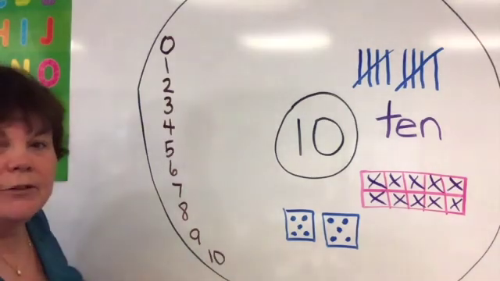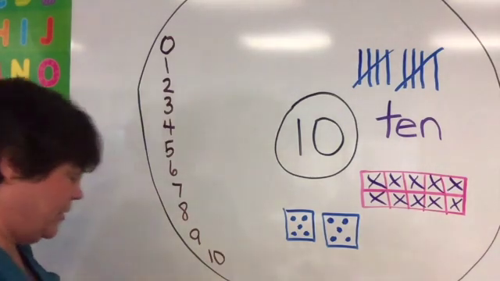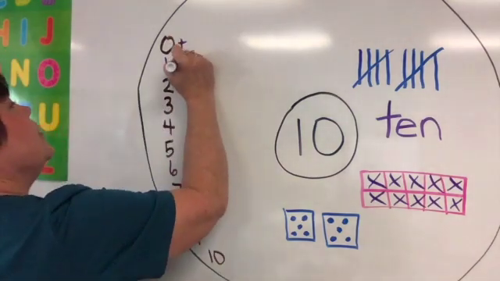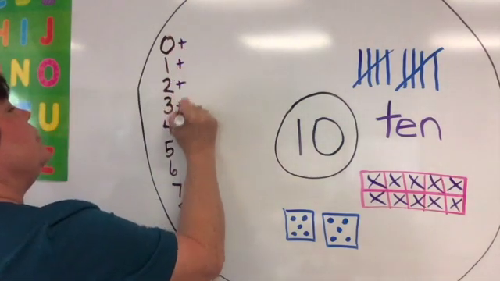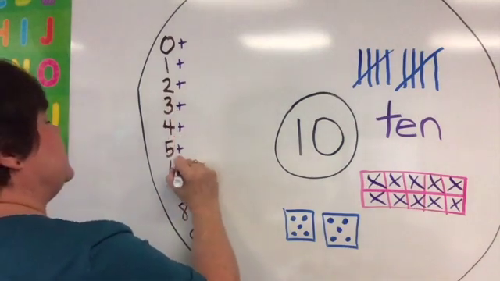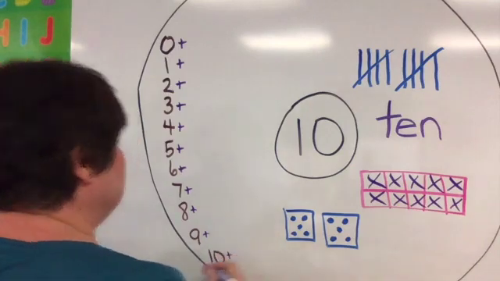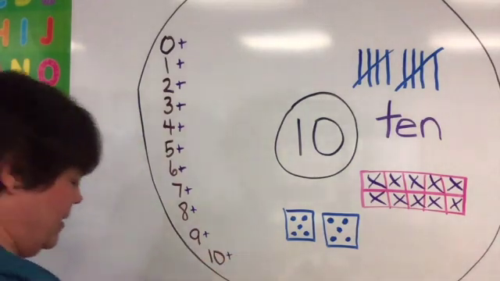I'm going to write all of those on my circle map because I'm going to tell you something that's really fun. Then I'm going to put plus signs after all of my numbers, because we can add all different numbers to these to make 10.